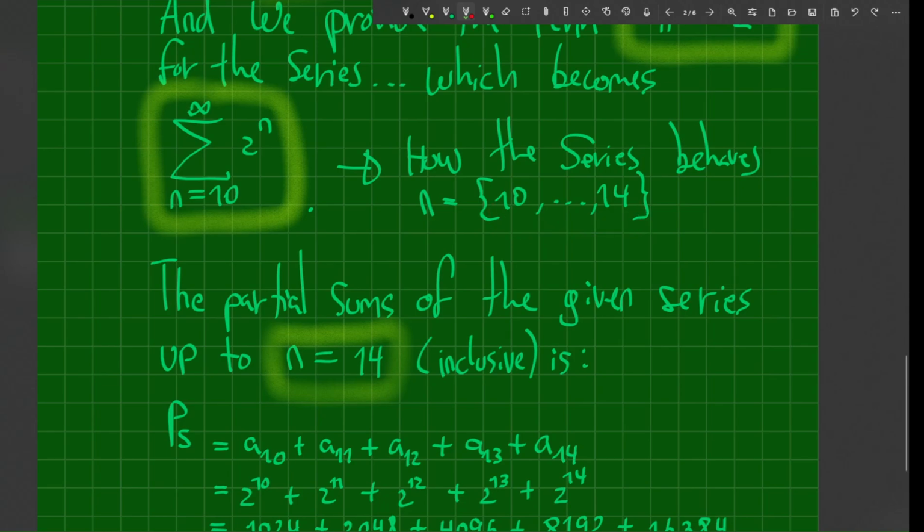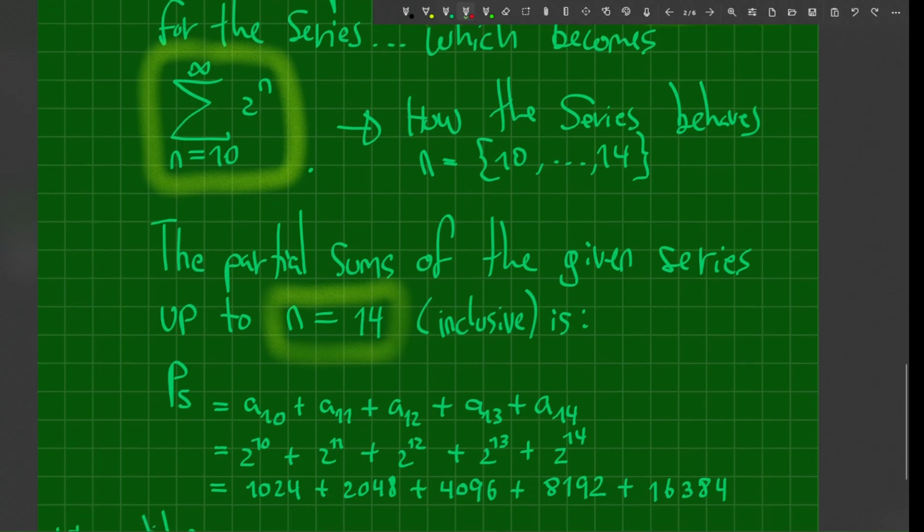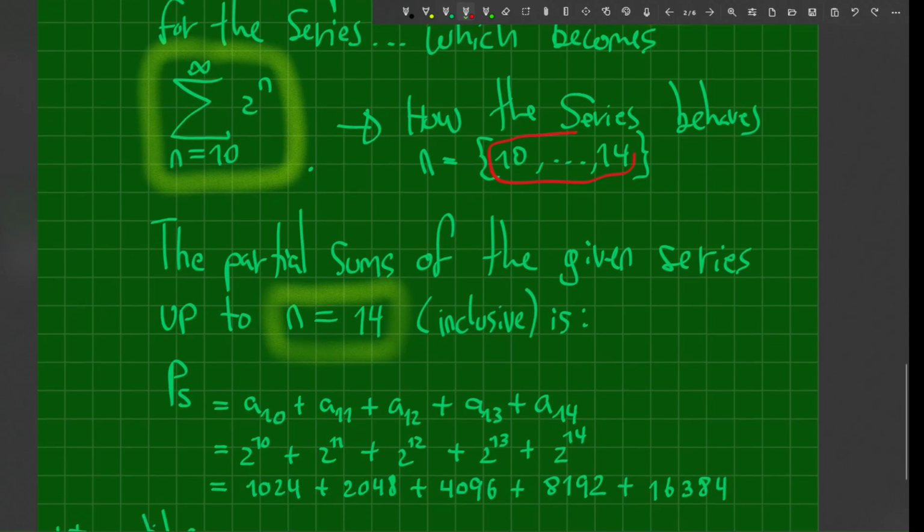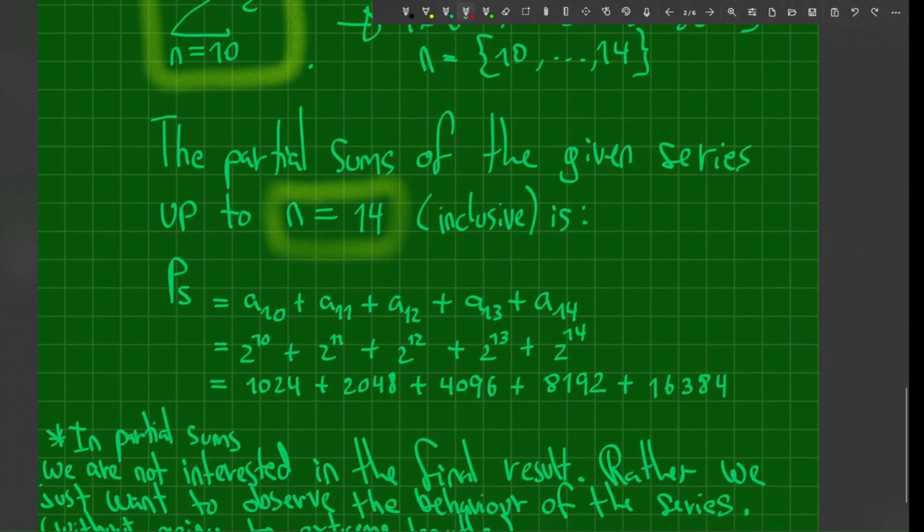So partial sums has two behaviors, and this is one of the behaviors. The first behavior is we study how the progression works, how the behavior of this series occurs throughout an interval.